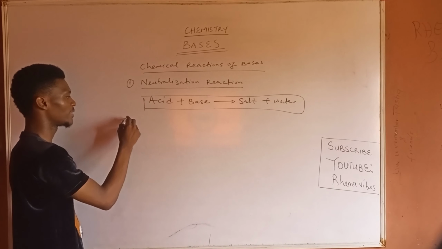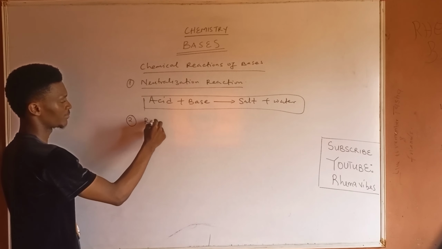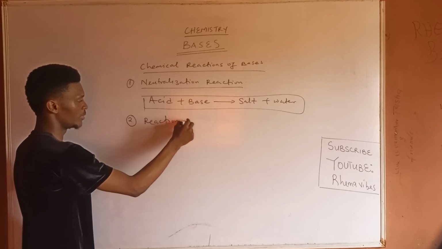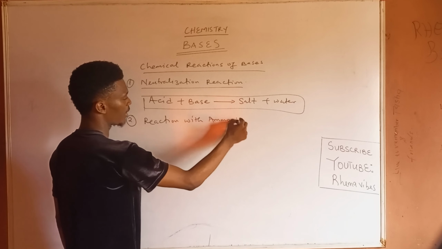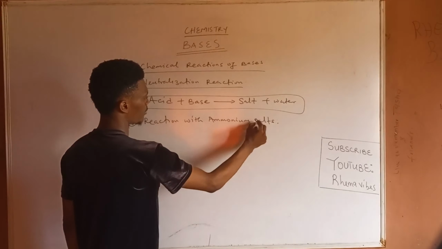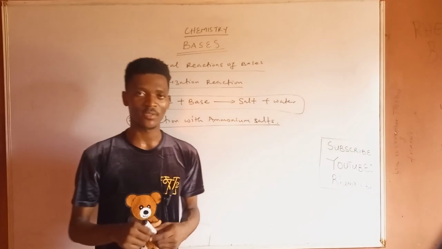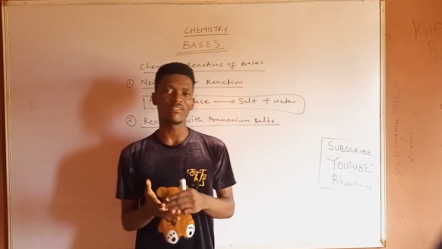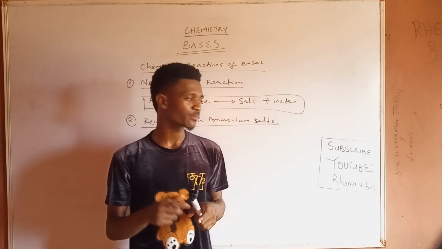All right. And the second reaction, which is of interest, is reaction with ammonium salt. Pay attention to this. When we say ammonium salt, now listen, never should you mistake ammonia for ammonium.